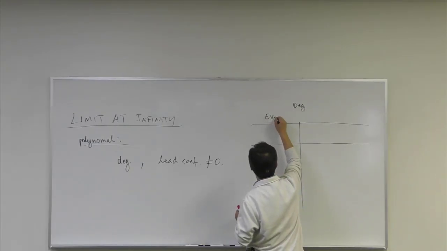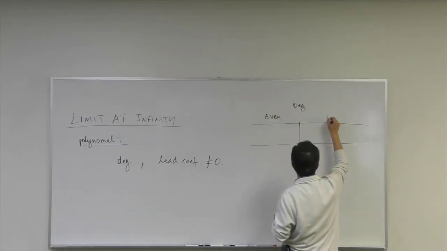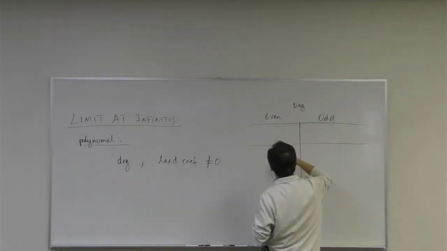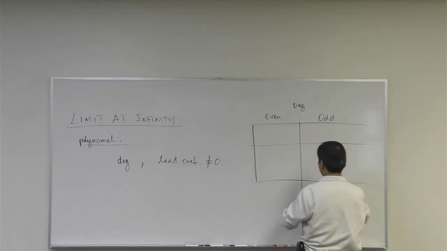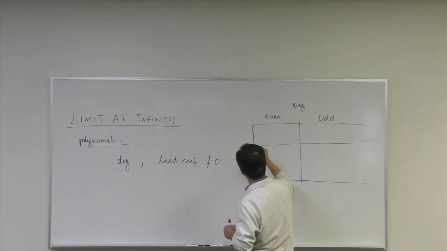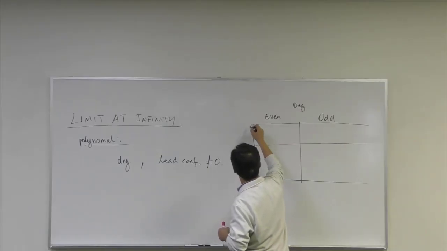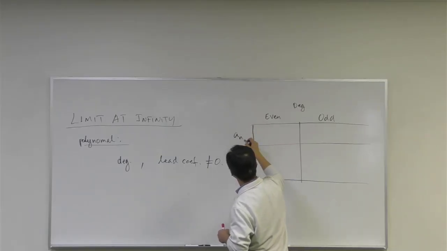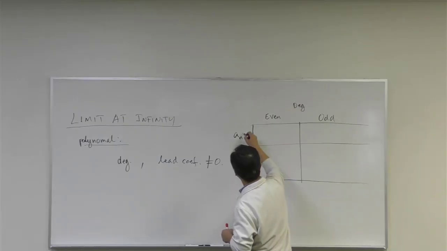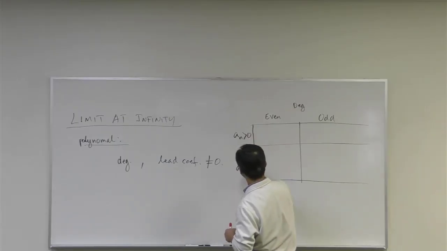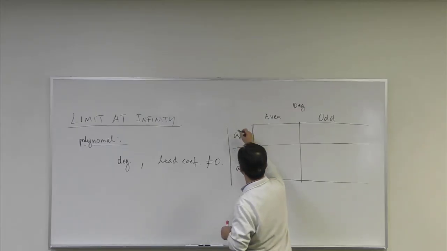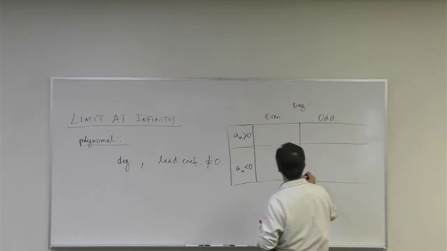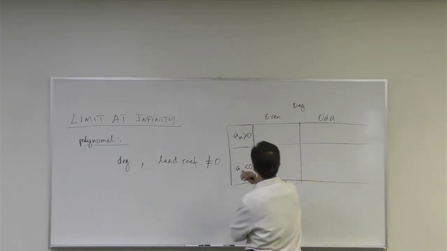And it also matters whether your lead coefficient, the a_n right here, is a positive number or a negative number. There are two separate cases here. We want to learn all of those.